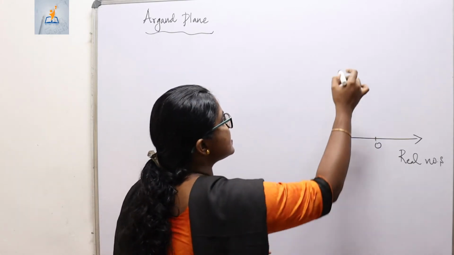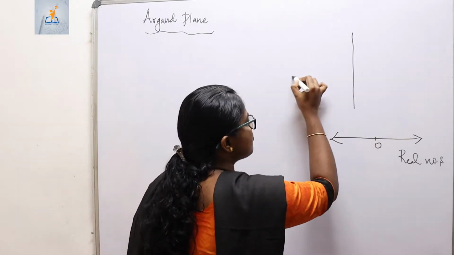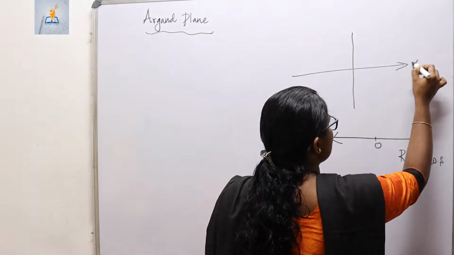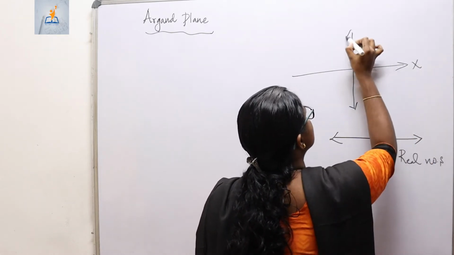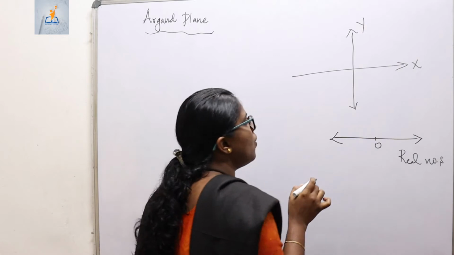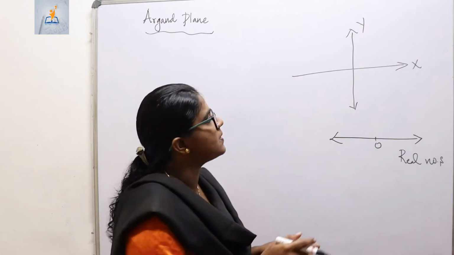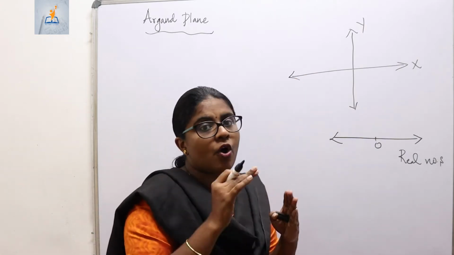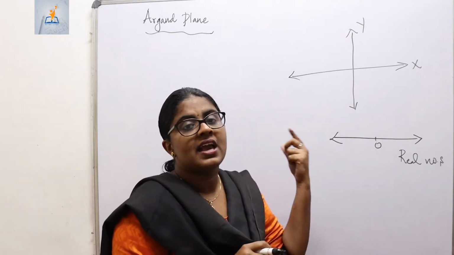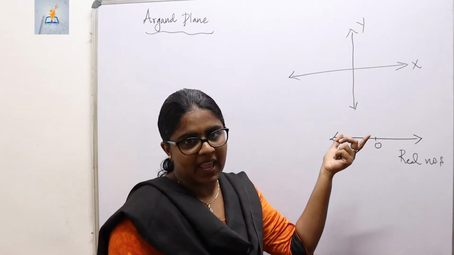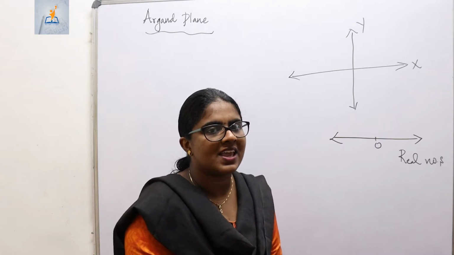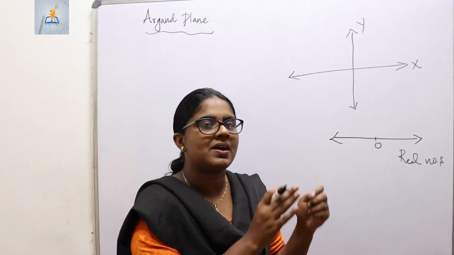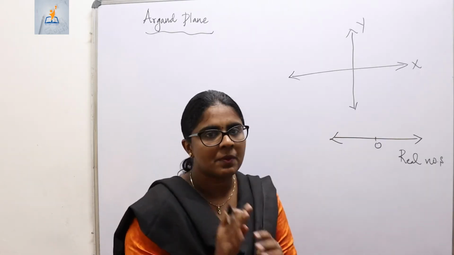And we know that a plane always has two axes, that is x-axis and y-axis. So every complex number can be represented in a plane, and now we are going to see how a complex number can be represented in a plane.